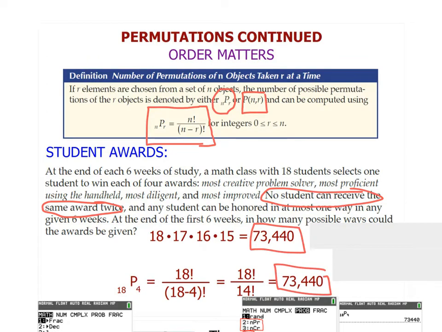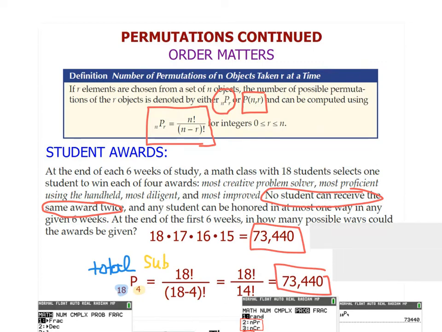But how you would set up this formula is the number that goes on this left side here, that's going to be your total. So that means that's how many objects total we have to choose from. The right side, right here, is what I call the subset.